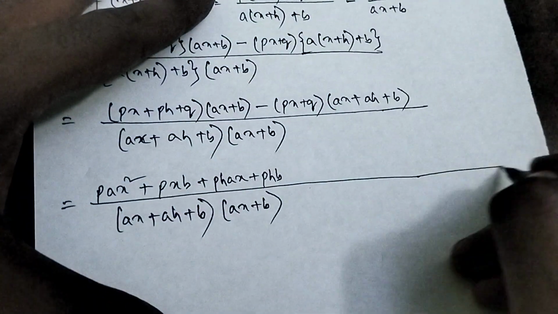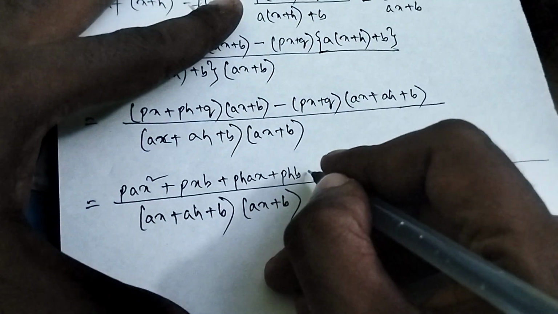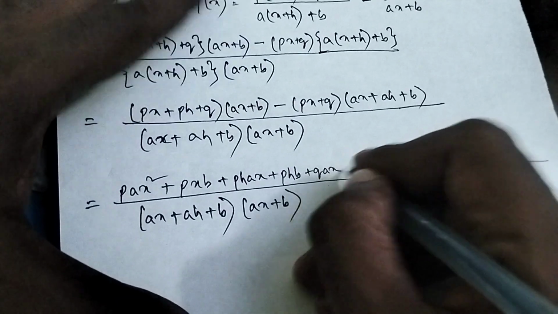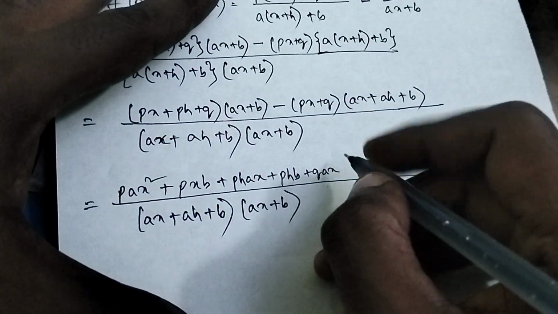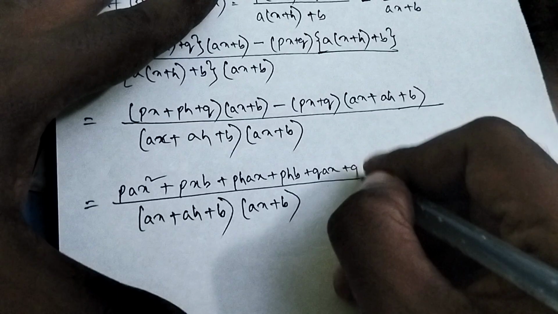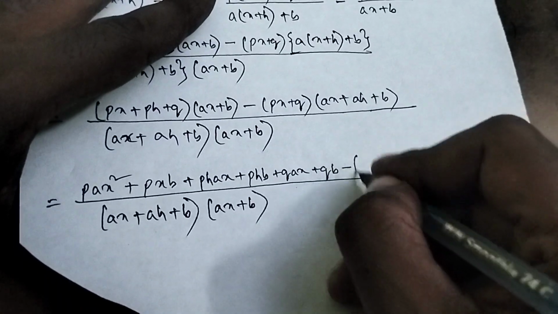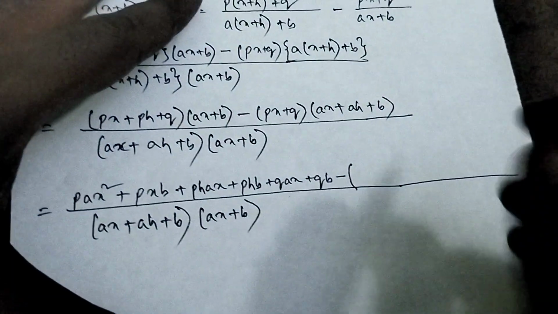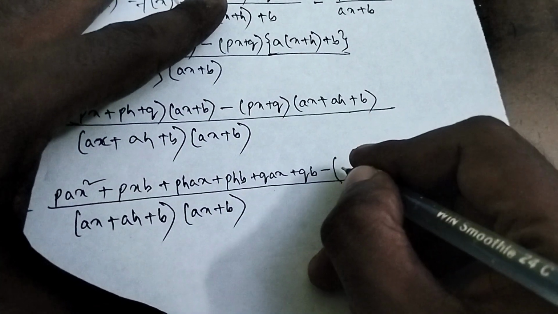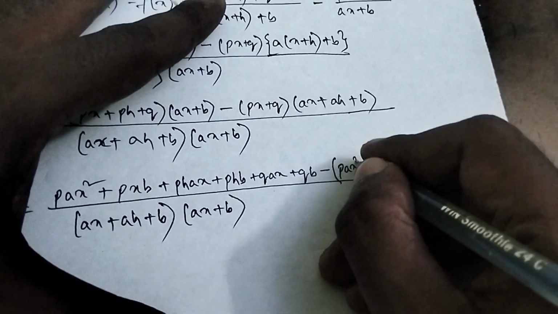Okay, plus qax plus qb minus px into ax, pax square.